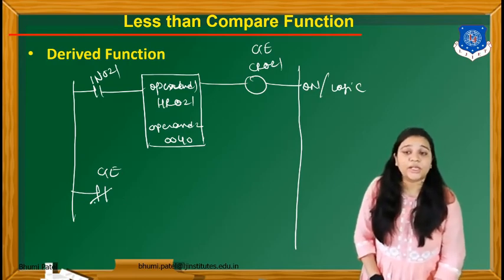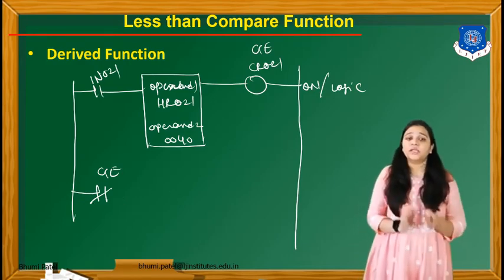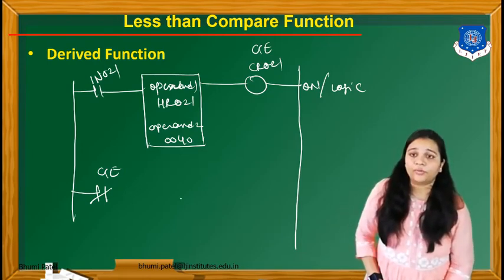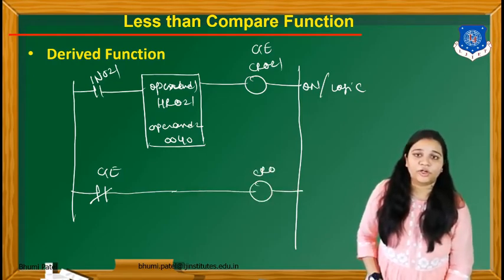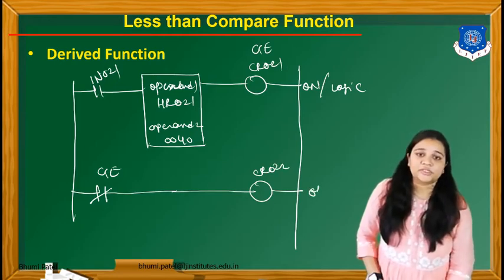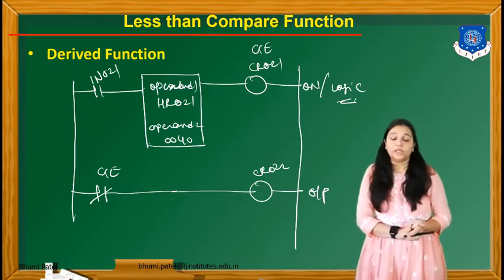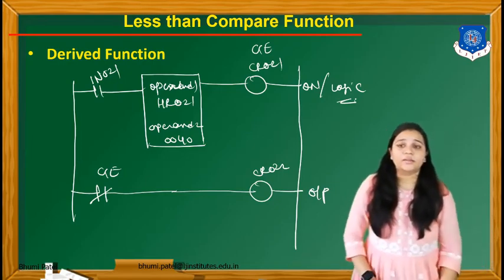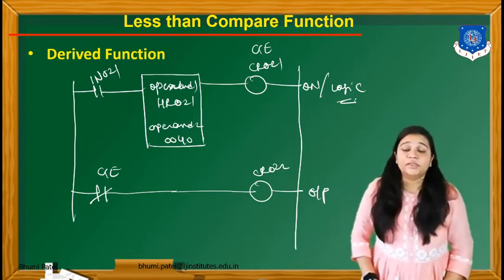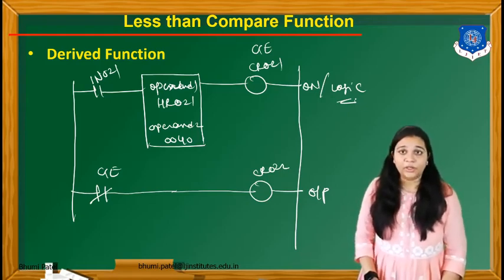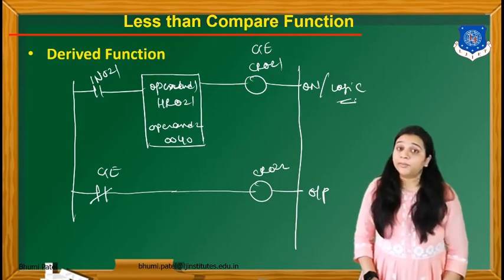So we can put greater than or equal to in a normally closed contact, and then take one output for less than. So if the number is not greater than or equal to, that number is always less than the other number. Okay, so this is the less than compare function. We use the greater than or equal to basic function to derive the less than compare function.